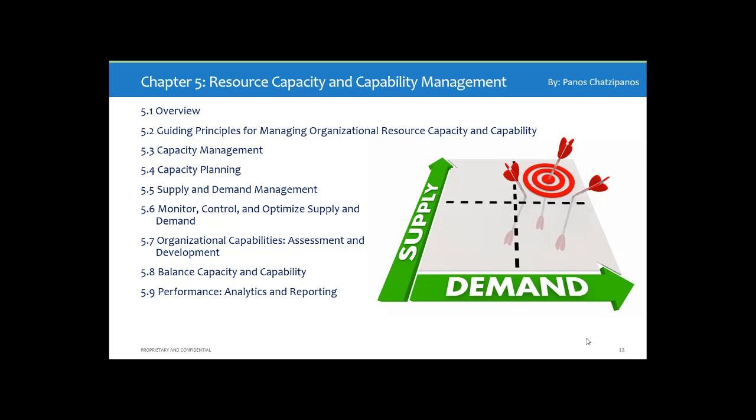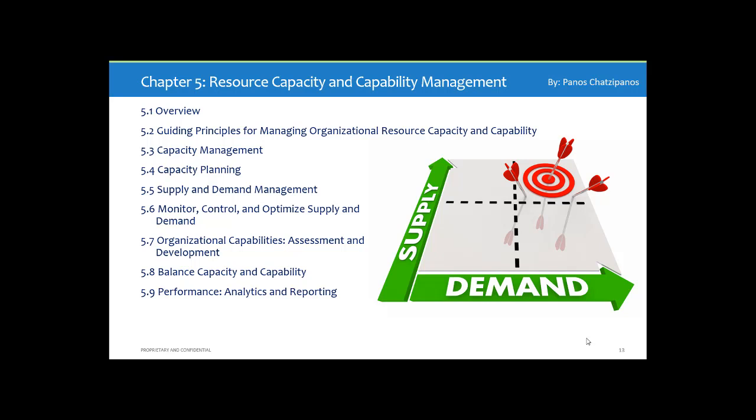Chapter 5, Portfolio Resource Capacity and Capability Management. Portfolio component resourcing is obviously of paramount importance. If components are not resourced properly, the portfolio will fail to accomplish its intent to fulfill organizational strategic objectives.